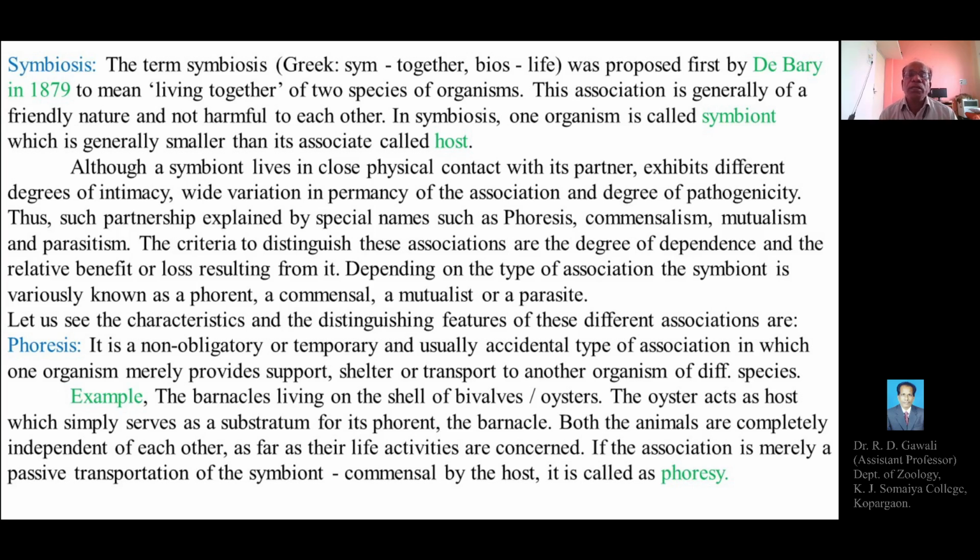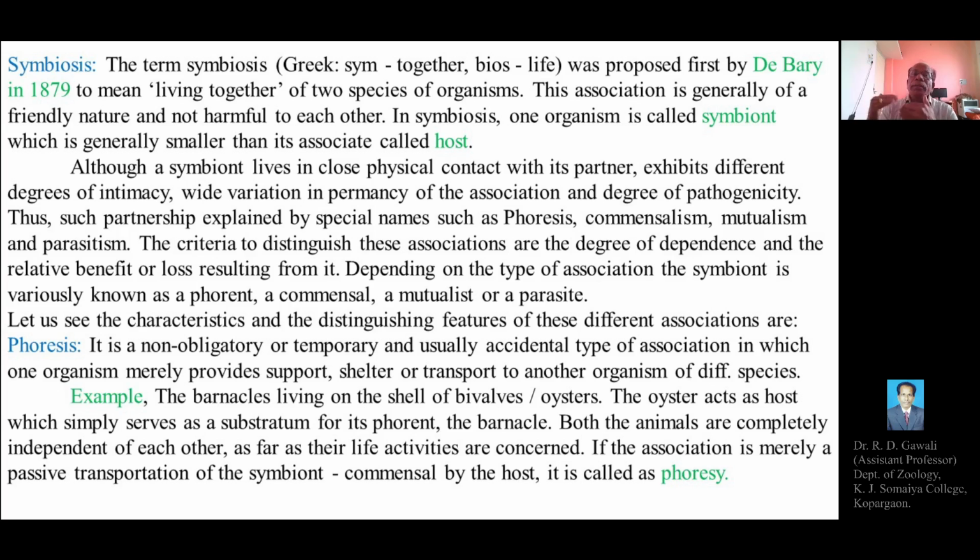Depending on the type of association, the symbiont is variously known as a phoront, a commensal, a mutualist, or a parasite. The symbiont is the organism which usually gets the benefits of the relationship from the other organism, the host.